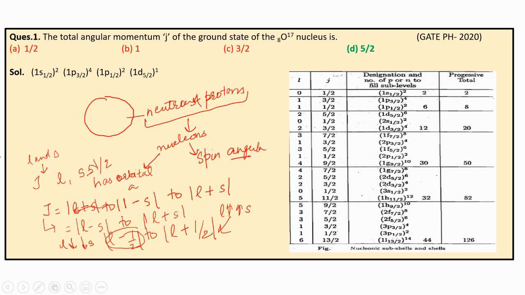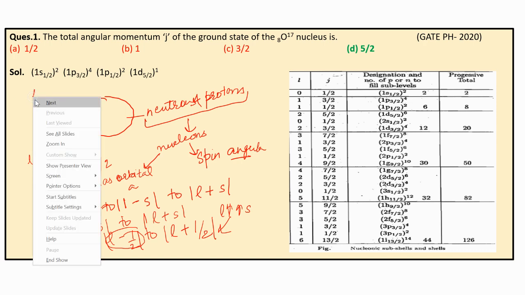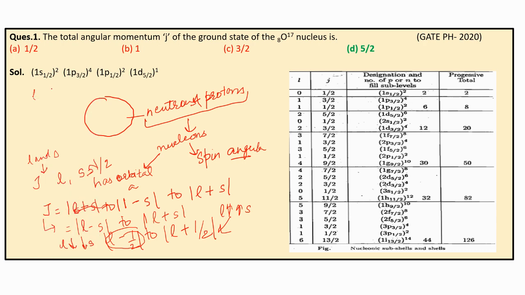Right? Now take a case here. Suppose L is equal to 0 and S is equal to 1/2. That means J is equal to L plus S, 0 plus 1/2, which is equal to 1/2.